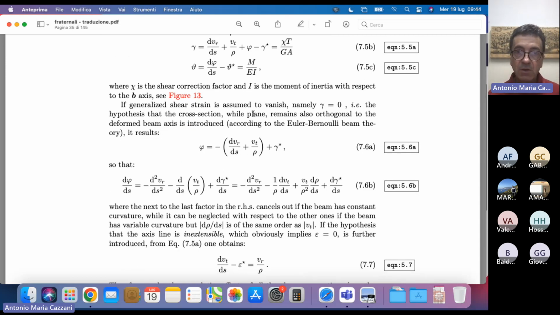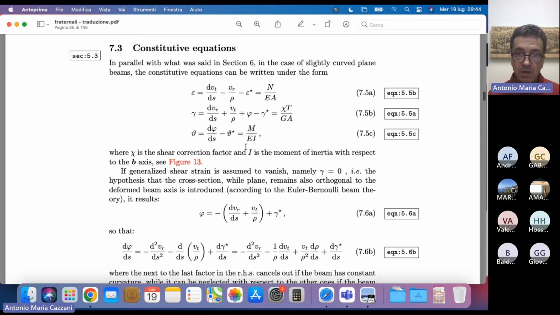M. In particular, we can have some extra simplifications in the sense that we can assume that our beam is unable to experience, let's say, shear strain.